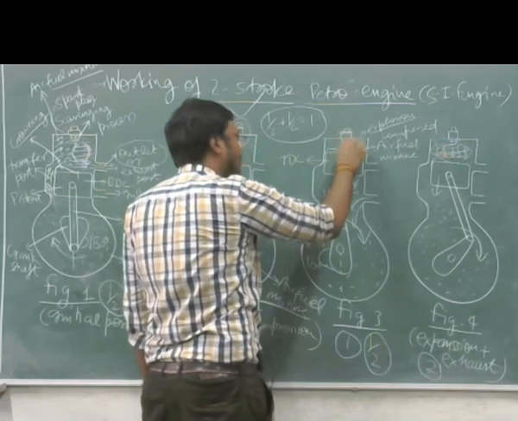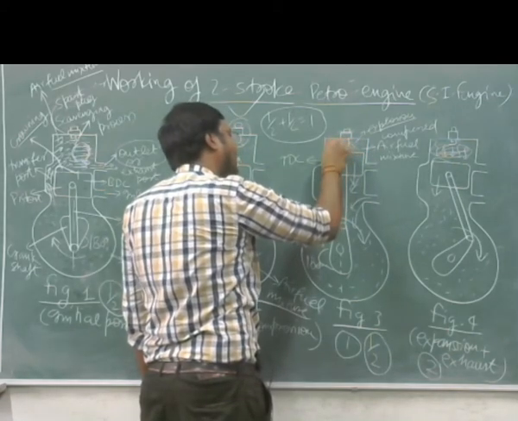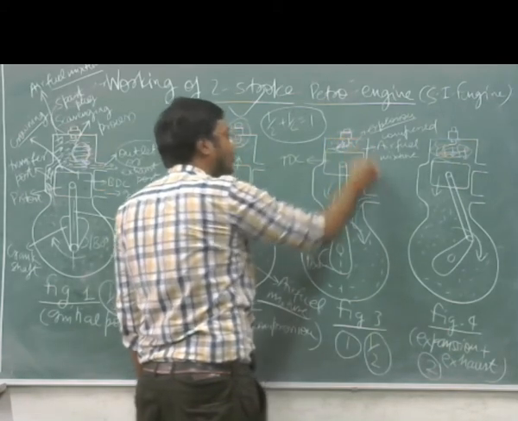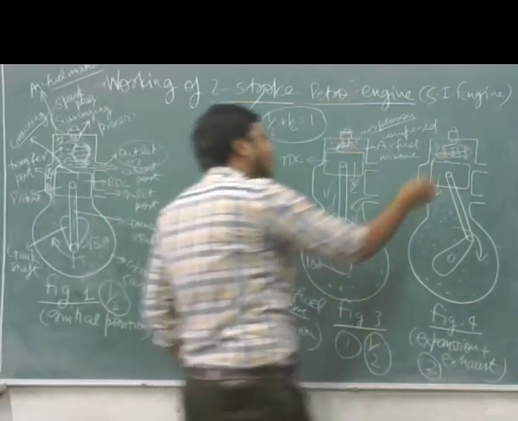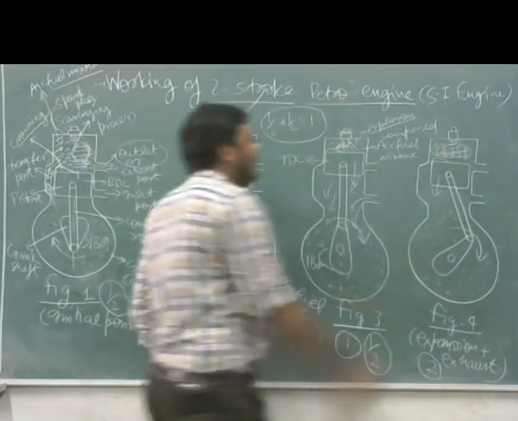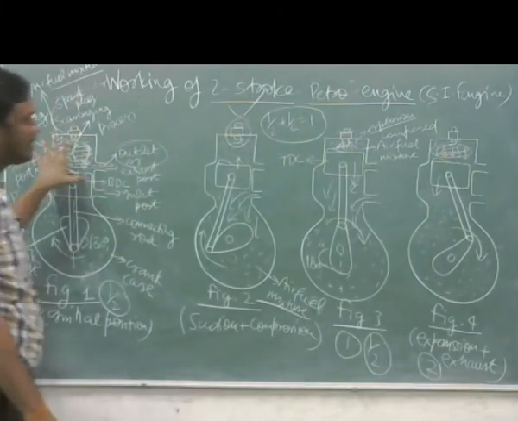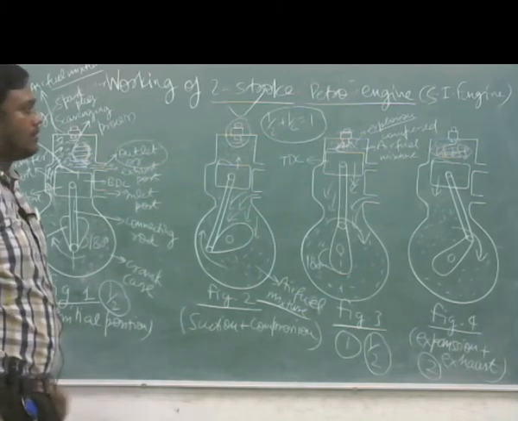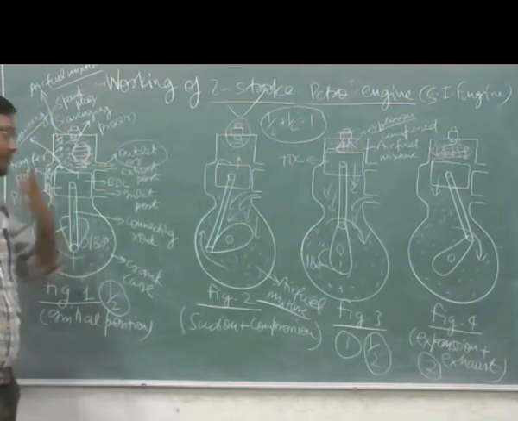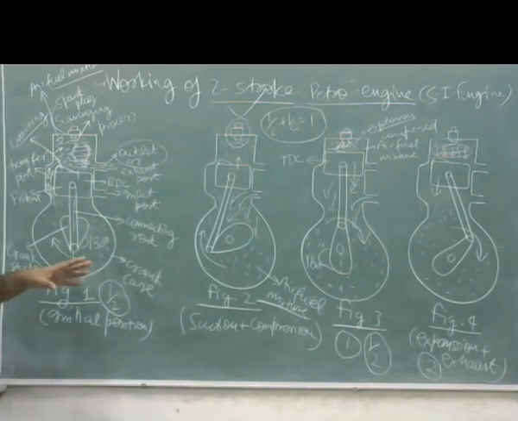So when sparking happens, explosion will take place, and after explosion, the expansion process will take place. After expansion, the exhaust process will take place. Other processes are similar to the working of the diesel engine. So only two differences there, and you have to keep that difference in your mind.